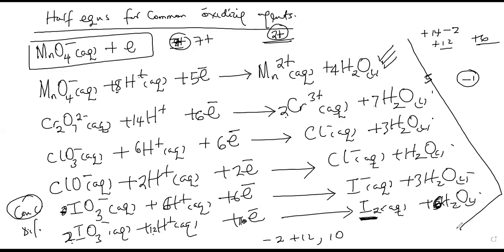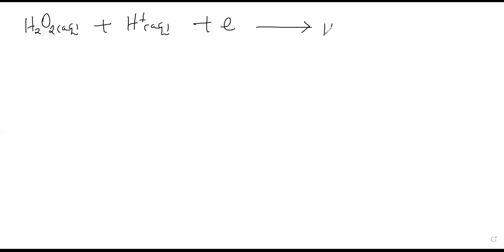Yes. Then there are very many, but let's write for more. If it is acidified hydrogen peroxide, it will gain electrons to form. Hydrogen peroxide is reduced to water.